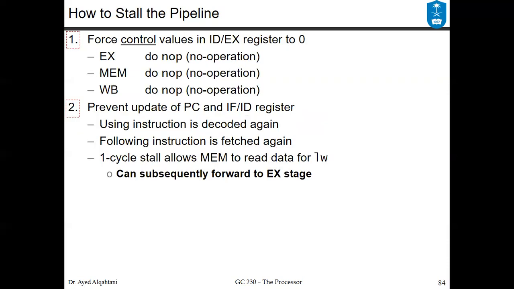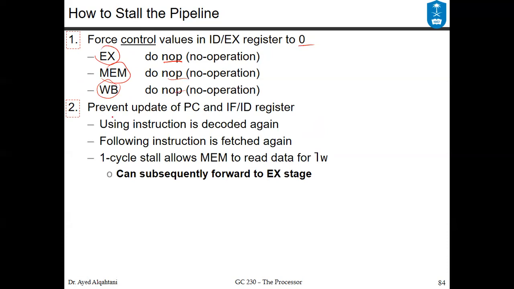How to stall the pipeline? To stall the pipeline means that you are adding a no operation, or a bubble. To do this, you need to do two things. The first one, you force the control values of the subsequent cycles to 0. So the execute, the memory, and the write back, all of them will do no operation.